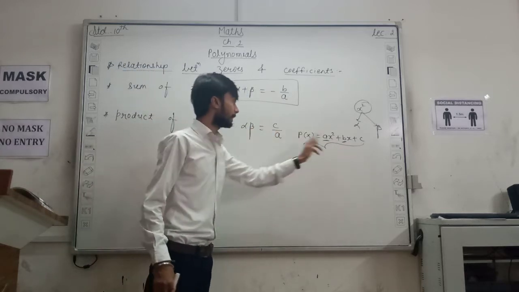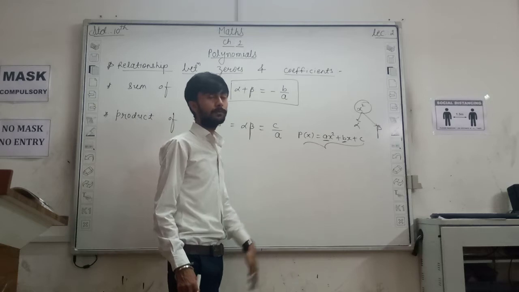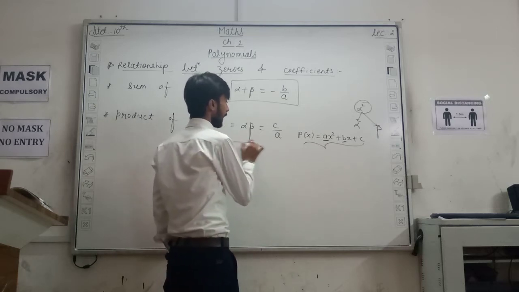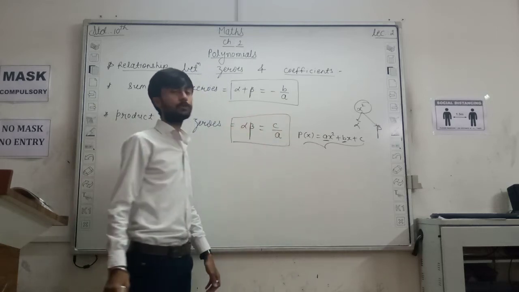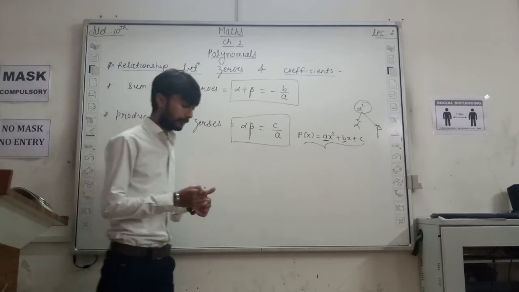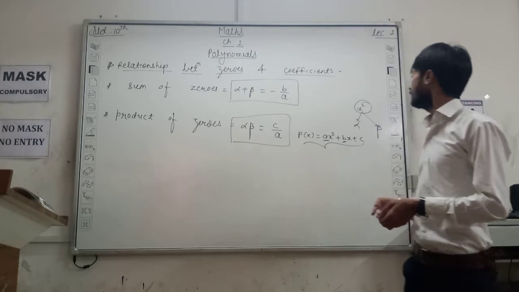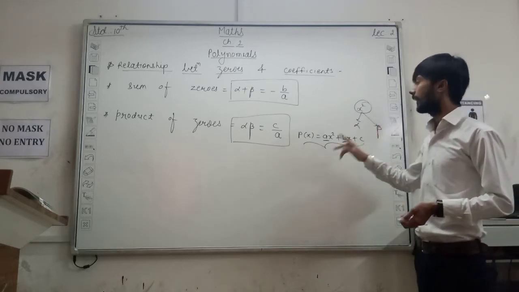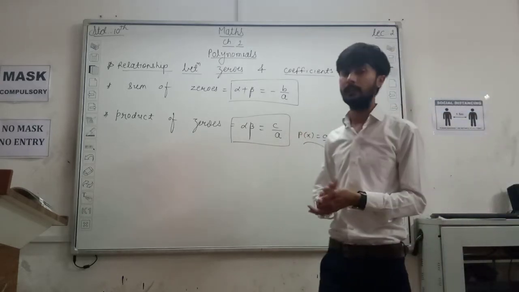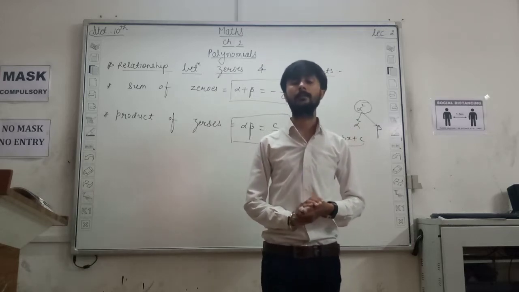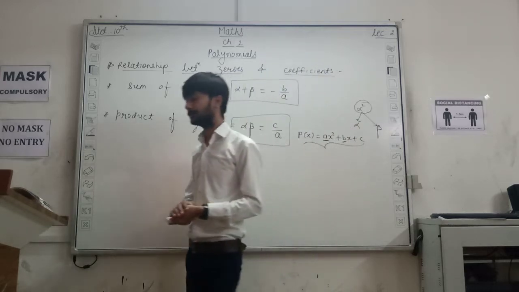C is the constant and a is the coefficient of x square. So we have to verify this relationship. We take any quadratic polynomial, find two zeros for it, and then verify this relation. So let's start exercise number 2.2.